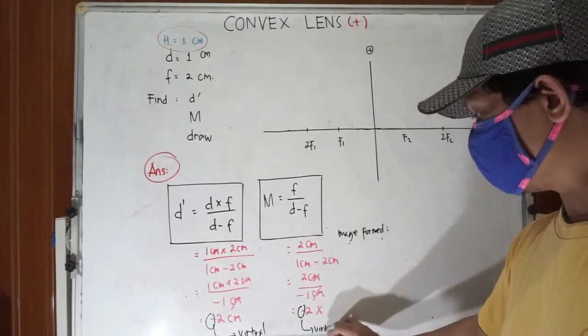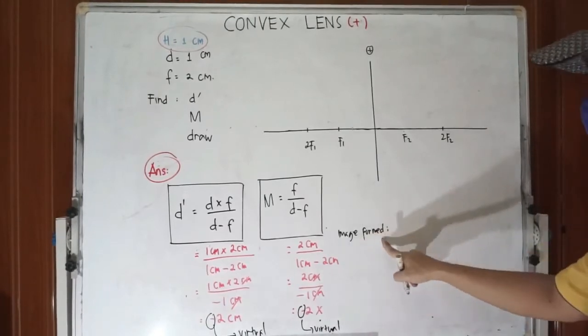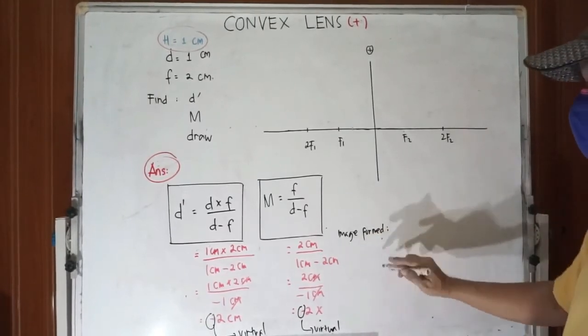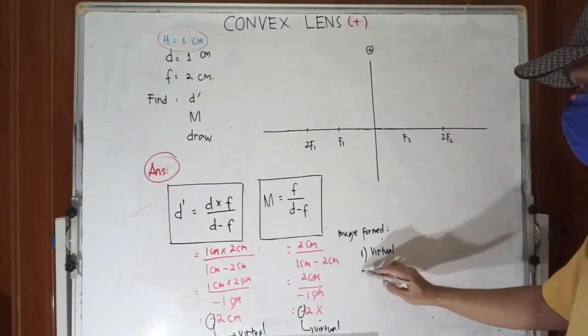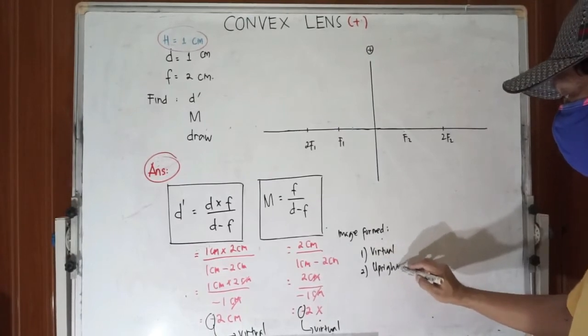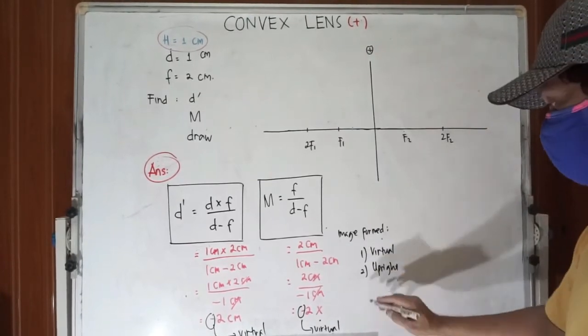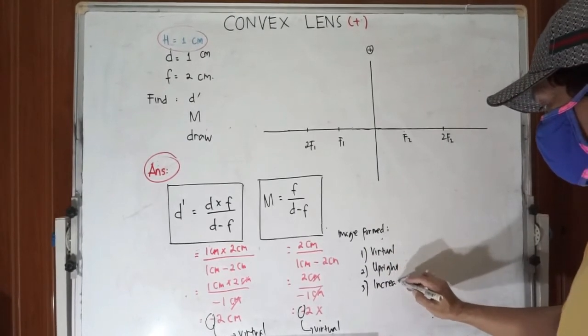That's virtual. So the image form is number 1, virtual. Number 2, upright. Virtual must be upright. Number 3, increase in height.